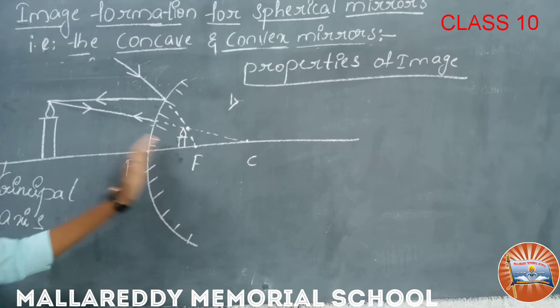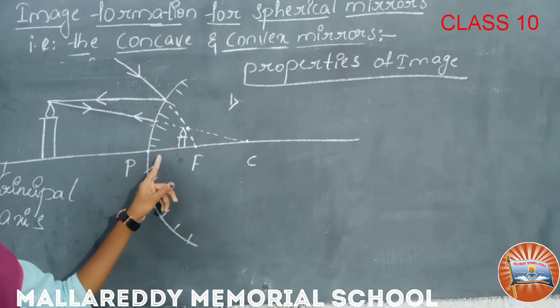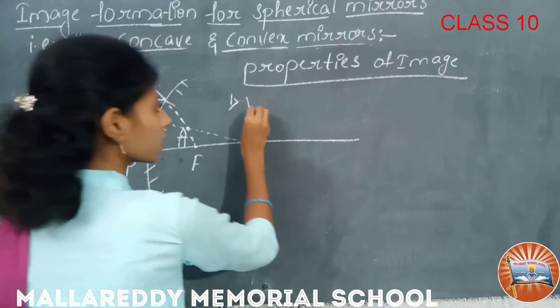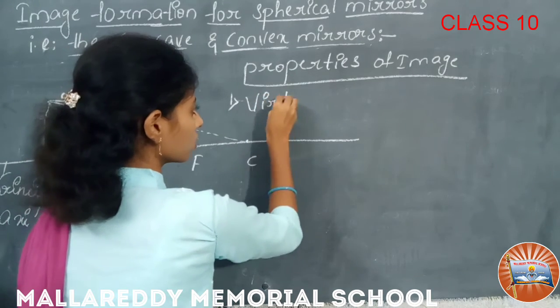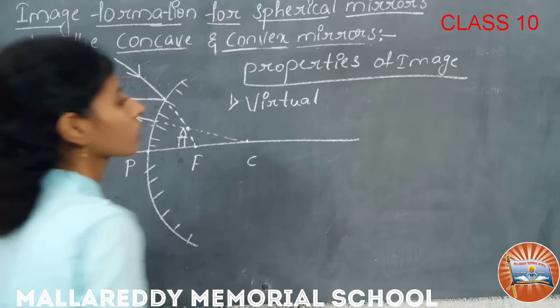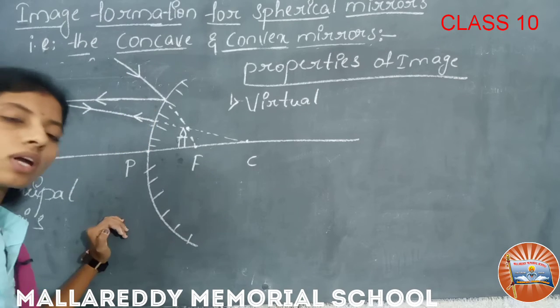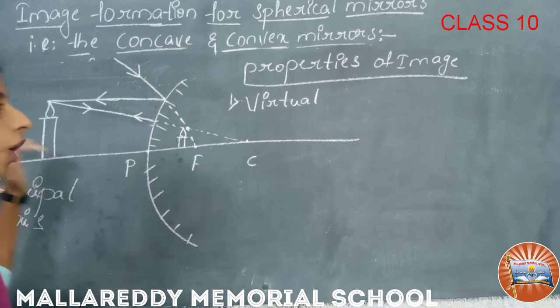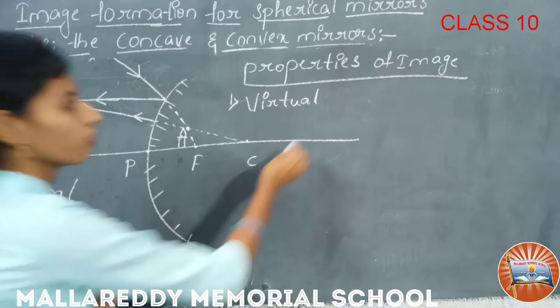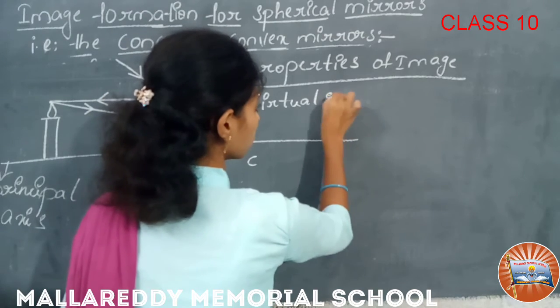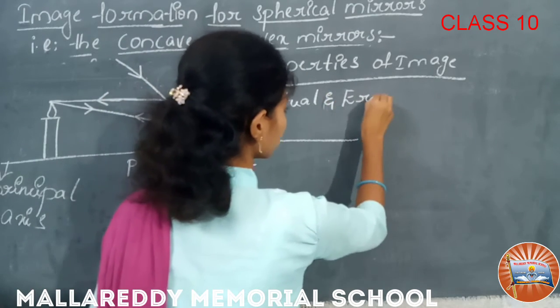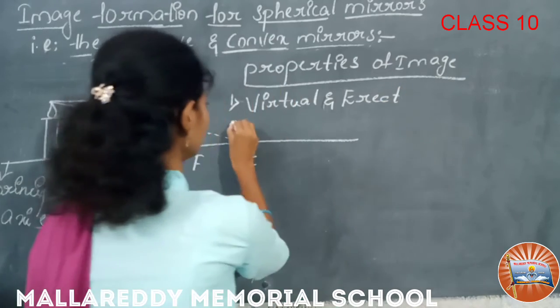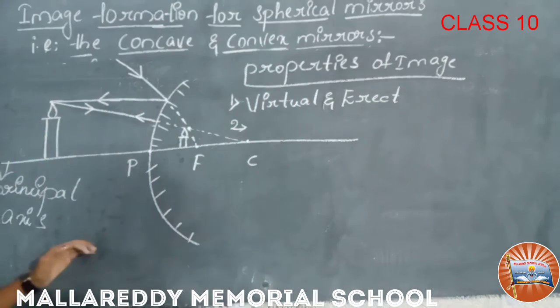We know the image is formed behind the mirror, so we can say this is a virtual image. Is it erect or inverted? This is upright to the object, so we can say it is an upright or erect image, right.